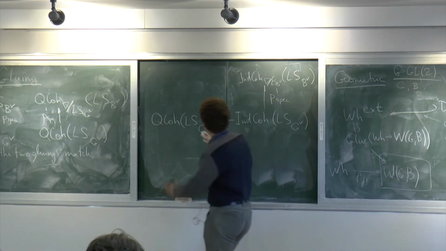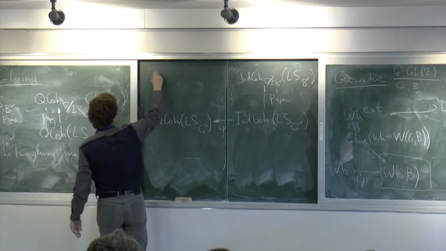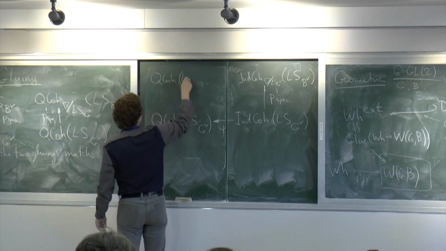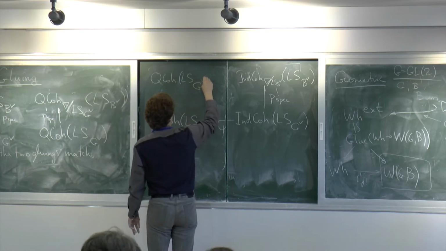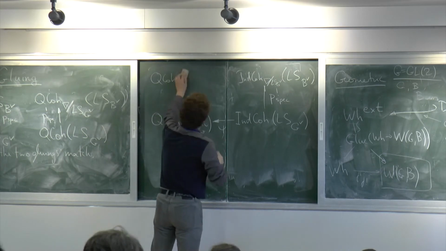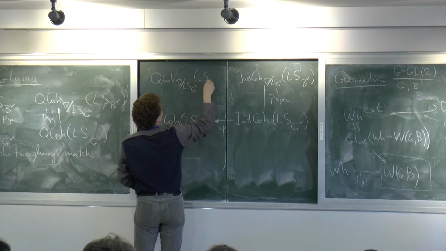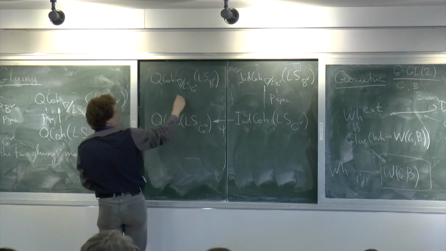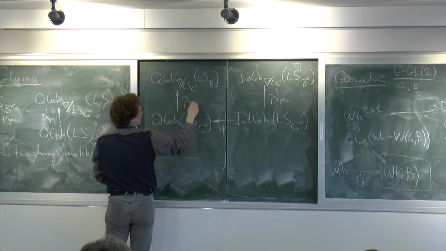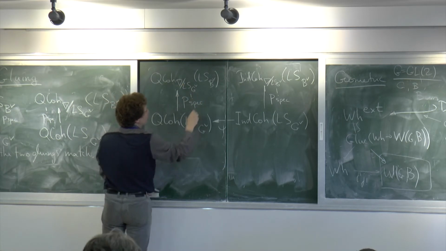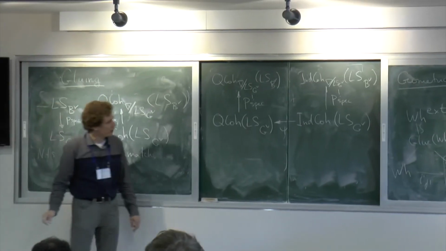Now I can also do the same thing for quasi-coherent sheaves. Again, this functor going up is essentially the same pullback, but now in the quasi-coherent world.